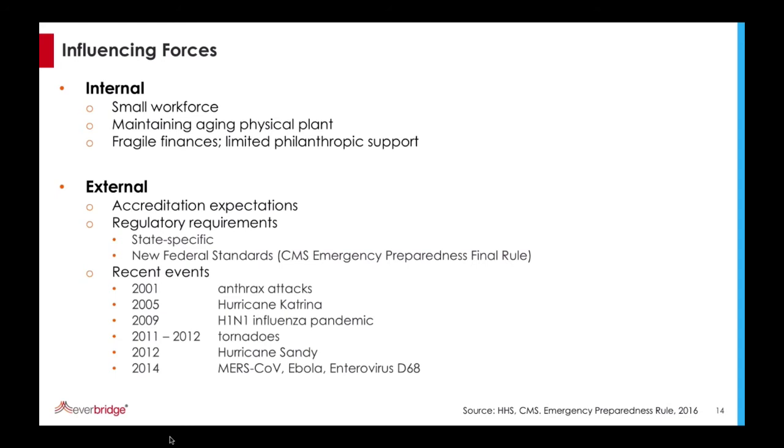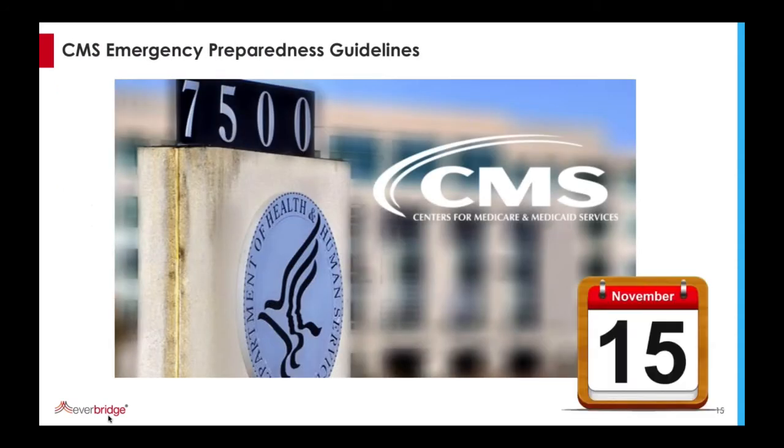All of these events, whether natural or man-made, expose weaknesses in the response to healthcare emergencies, which in some ways have become the driving force behind the new federal standards, which are about to become effective.